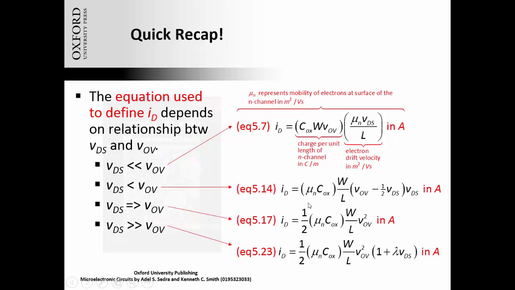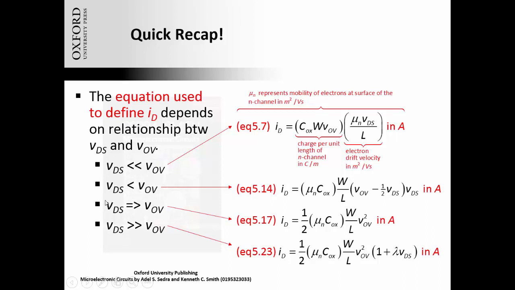When VDS is less than VOV, but not much less than VOV, we now have to take into account that the effective overdrive voltage, as we move to the right along the channel from the source to drain, actually decreases, such that the average VOV across the whole length of the channel is VOV minus 1/2 VDS, and this leads to a reduction in slope of current as we go up in VDS.